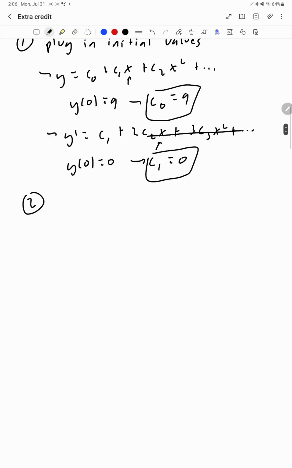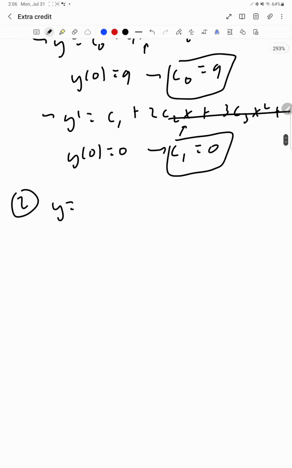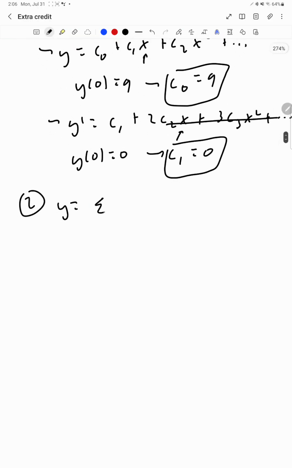And our second step is to write out all the series that y equals and y prime equals and y double prime equals. So y equals the sum to infinity starting at n equals 0, cn x to the n.